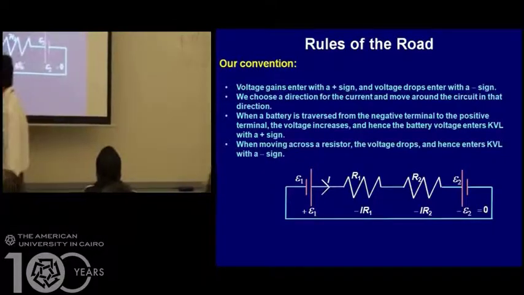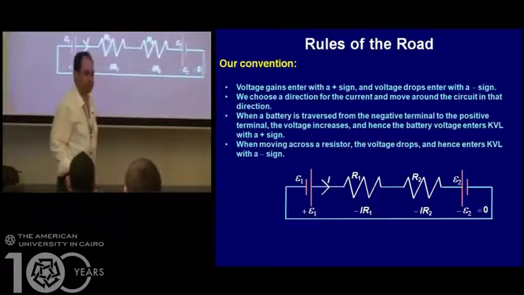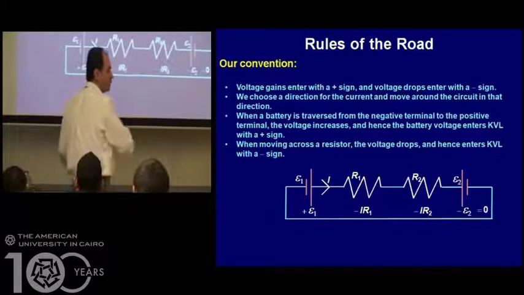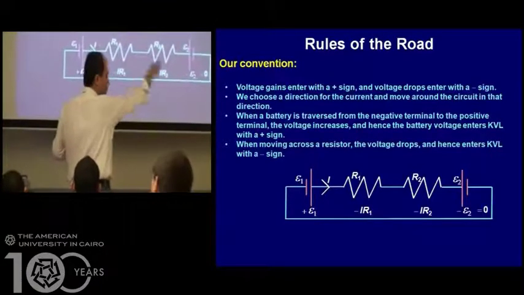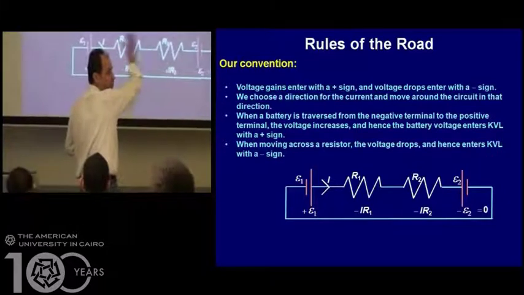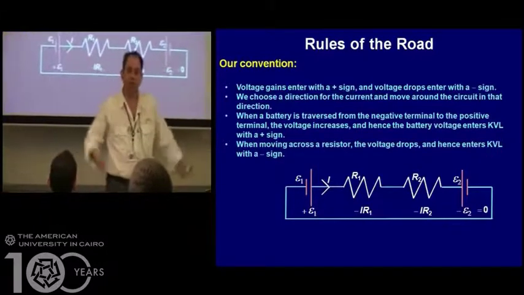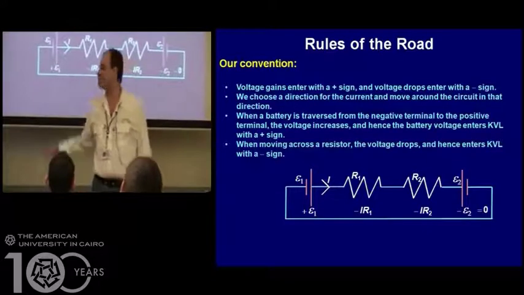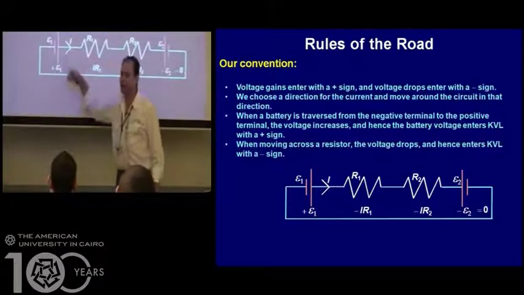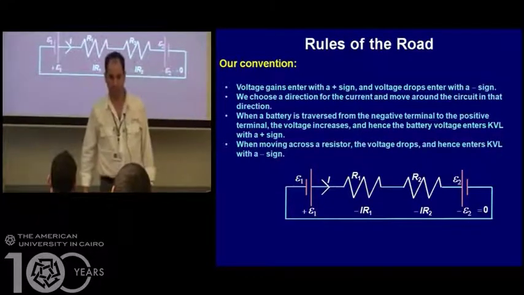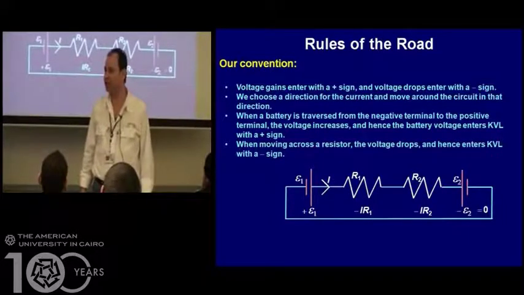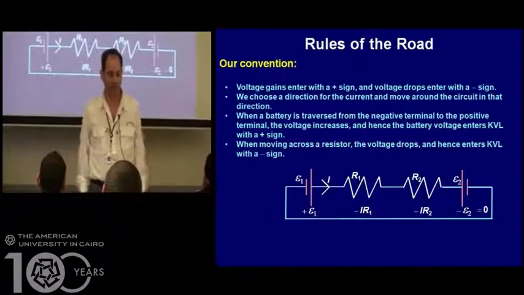Kirchhoff said that you have to choose a direction in that circuit, either clockwise or counterclockwise. Which one should I choose? It's up to you, unless it's stated by an arrow in the problem itself. It doesn't matter.